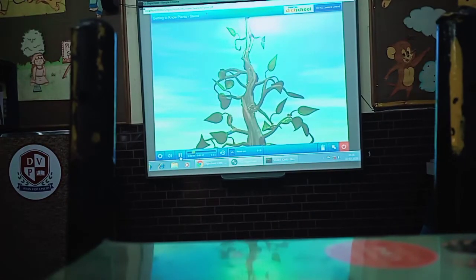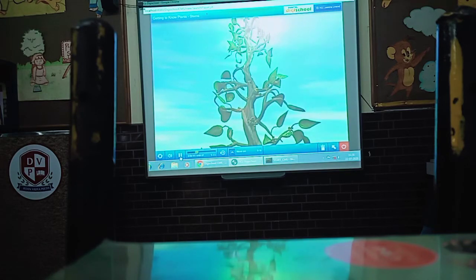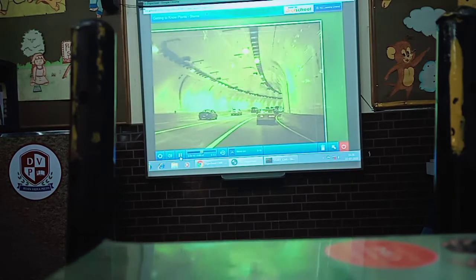A plant looks peaceful enough on the surface, but a whole lot of activity takes place inside it. Shall we take a look? Plant stem is quite like a busy road.